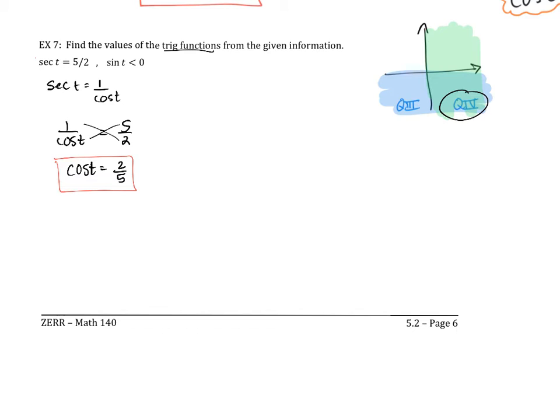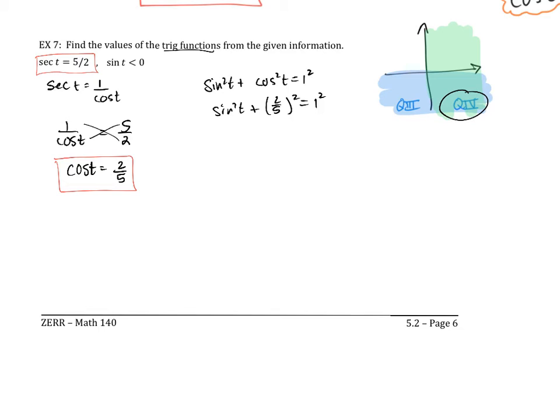We were given secant. Okay, so moving along, we need to get our sine, and we can use that sine squared t plus cosine squared of t is equal to 1, and then plugging in our 2/5 for cosine.